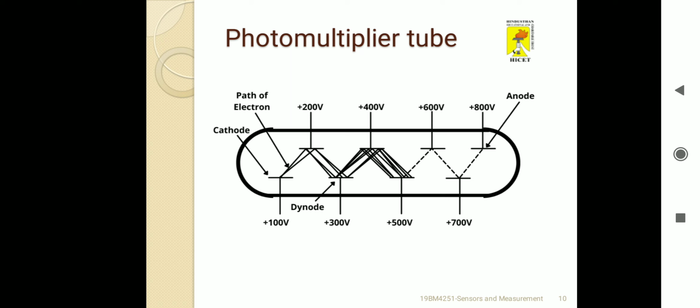The electrons take the path to the next higher potential, from the 100 volt dynode to 200 volt, where they get multiplied. Then they hit the next higher potential dynode, 300 volt, and get multiplied again. Finally the electrons are collected at the anode.